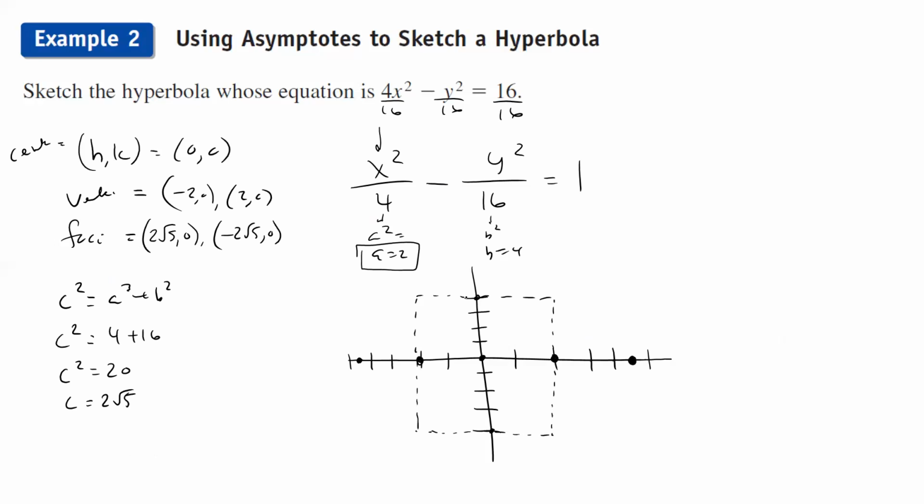Then we're going to put dashed line through the corners. It has to go through the corners, and since the center is at 0, 0, it has to go through the center. So it has to go center and corners all the way through. There's my first line. There's my second line right here.